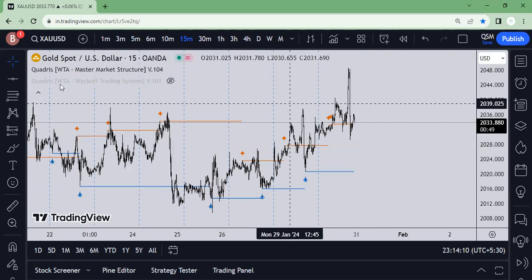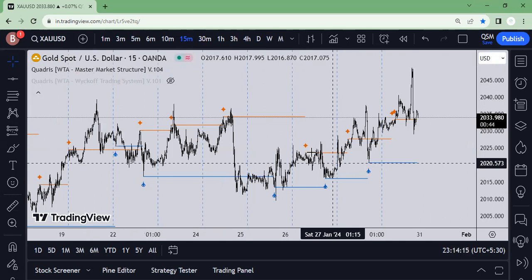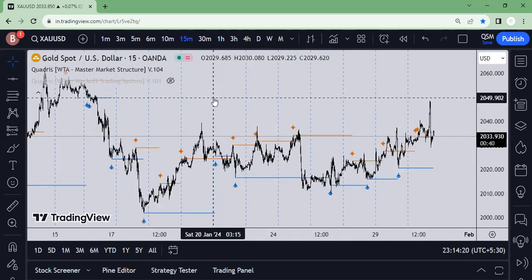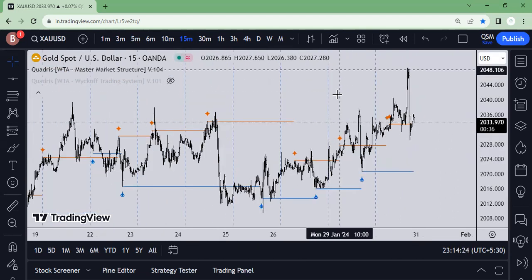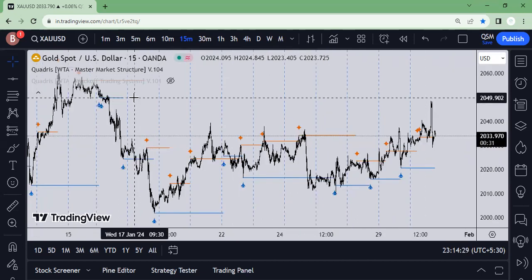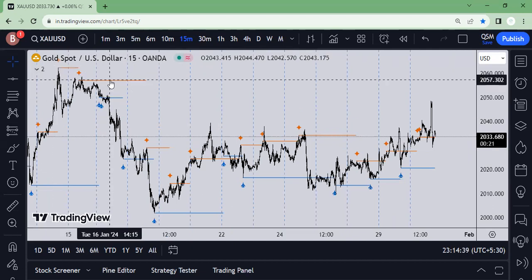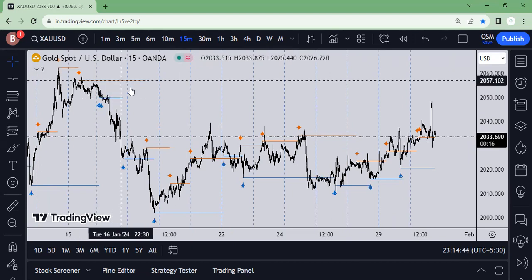For example, this is the level 2049, and price turned from this level. If you are trading with this tool and you know this is the obstacle, we have to pass through this obstacle, and then the next point would be this point, 2057, 2049 and 2057.